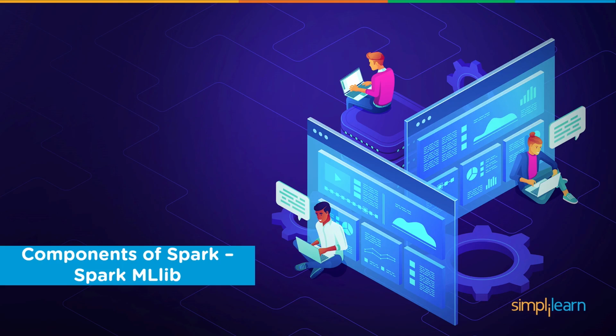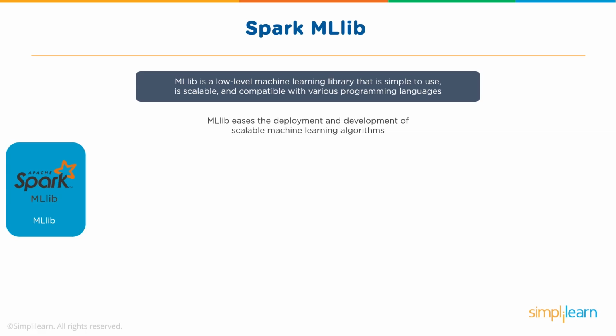When you talk about MLlib, it's a low-level machine learning library that is simple to use, scalable, and compatible with various programming languages. Hadoop also has some libraries, like Apache Mahout, which can be used for machine learning algorithms. However, in terms of Spark, we are talking about machine learning algorithms which can be built using MLlib's libraries, and then Spark can be used for processing.